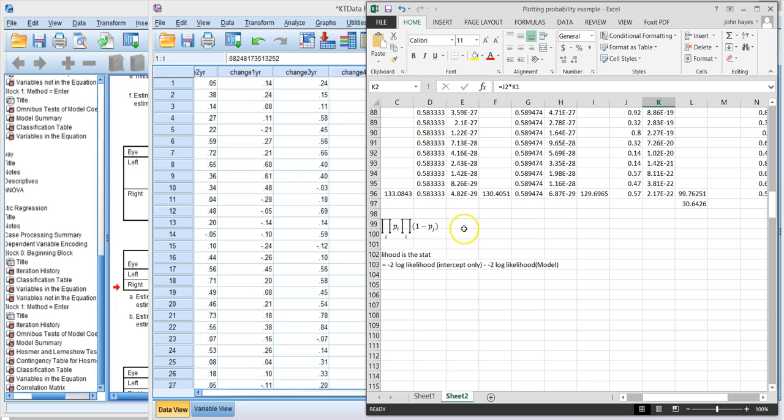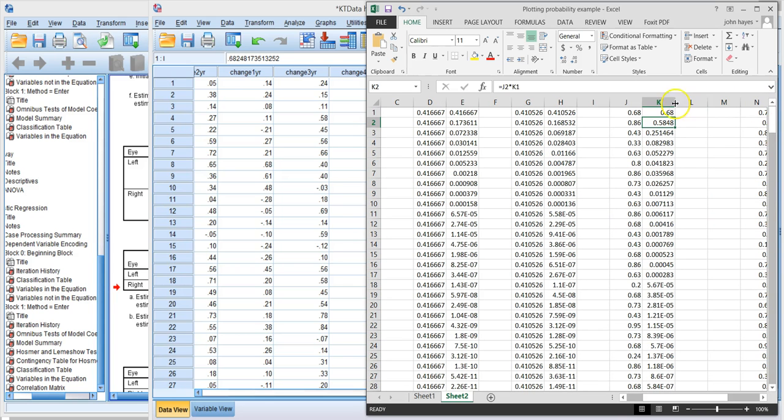So it's a string of 96 multiplications. The first P times the next P times the next P, and then you get to the other kind of P's, and it's 1 minus P times 1 minus P. It's all one string of multiplications. The way we do that is we multiply this number times this number, so we take the current number times the number before, and we just keep doing that all the way down.